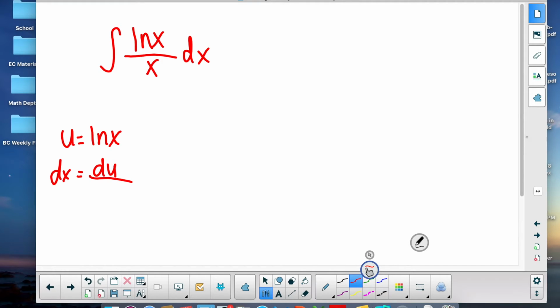What do we take the integral of to get natural log? So what's the derivative of natural log? 1 over x, because they're inverse operations.